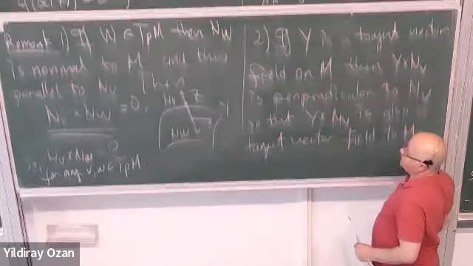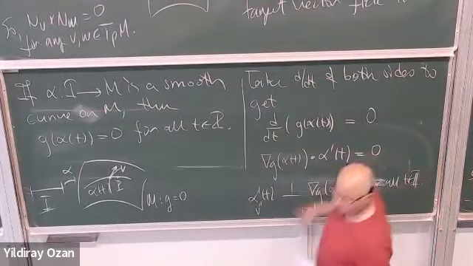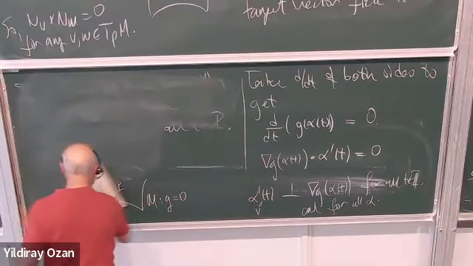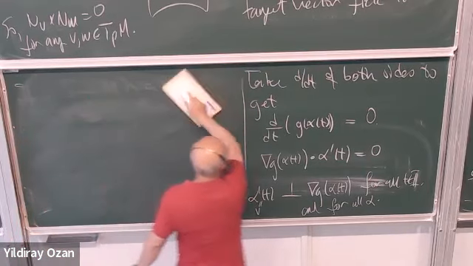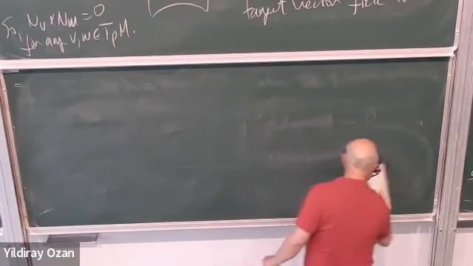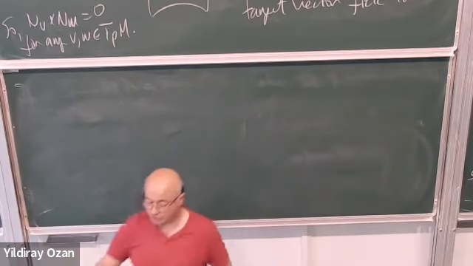Okay, let me erase this board. So you get two vector fields tangent to the surface, and those vector fields are orthogonal to each other.